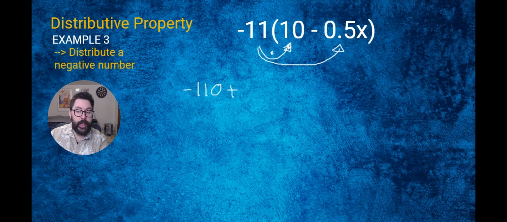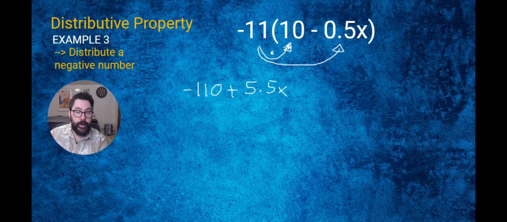So 11 times 5 is 55, divided by 10, and we get 5.5. There was also a times x, so we can tack that on here as well. And so if we take this 10 minus 0.5x and we multiply that subtraction problem by negative 11, we end up with this negative 110 plus 5.5x.